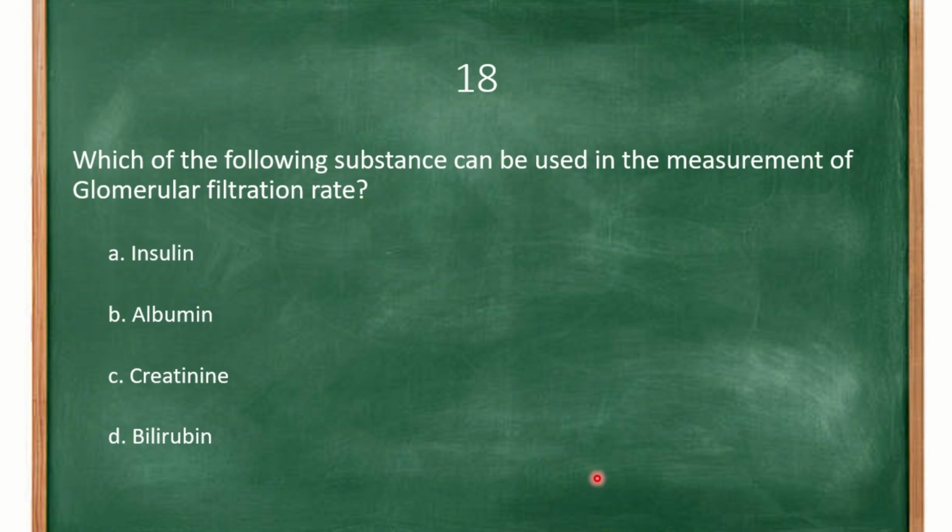It may indicate kidney damage. Bilirubin is not used to measure GFR too, so it's hardly related to the kidney. So the correct answer here is creatinine, which is very suitable for this purpose because this waste product of muscle metabolism is completely filtered and not reabsorbed.